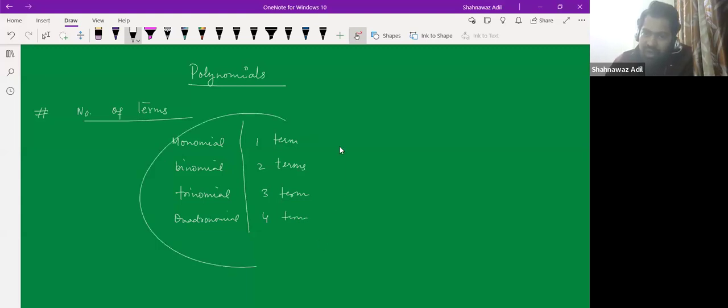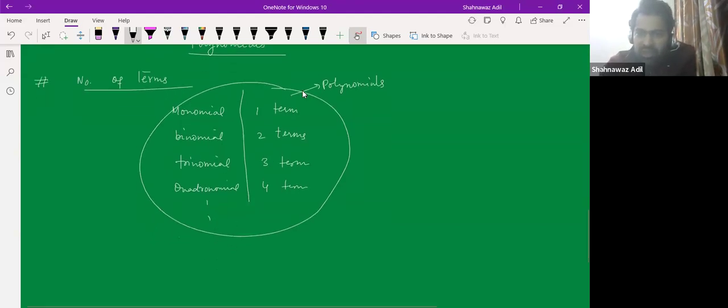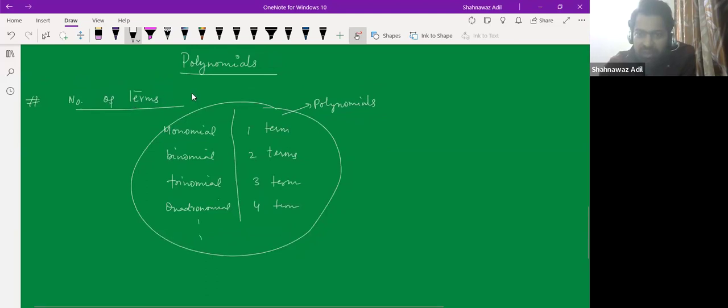All these are called polynomials on the basis of number of terms, and so on. The pentanomial, hexanomial, and all these things. So this was the definition based on the number of terms.